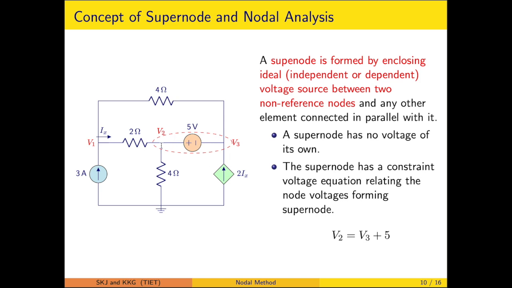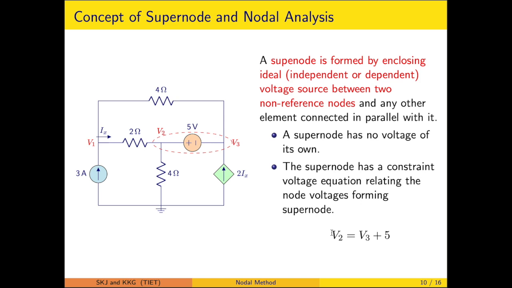However, these two voltages are related by a constraint relation, or you can say another equation. In this case, V2 is equal to V3 plus 5 volt. That relation is dictated by a KVL relationship.